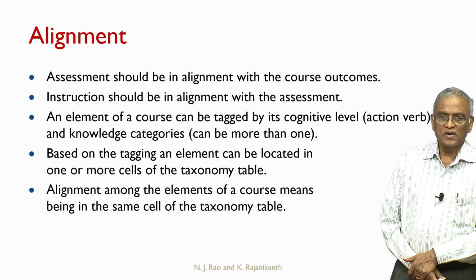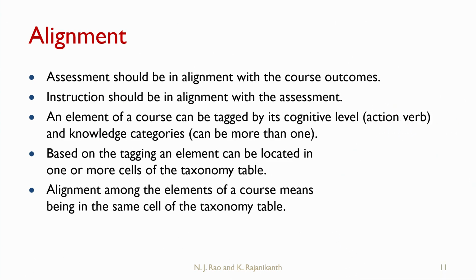Now, what is alignment? We said assessment should be in alignment with the course outcomes, instruction should be in alignment with the assessment. So, when all the three are in alignment with each other, then only you have the right kind of learning.